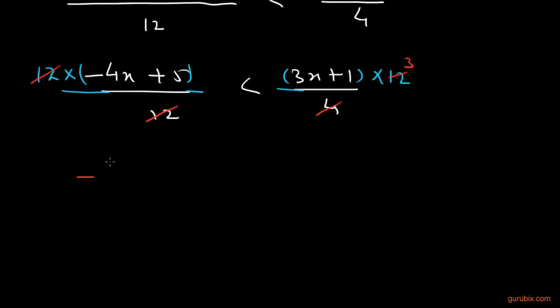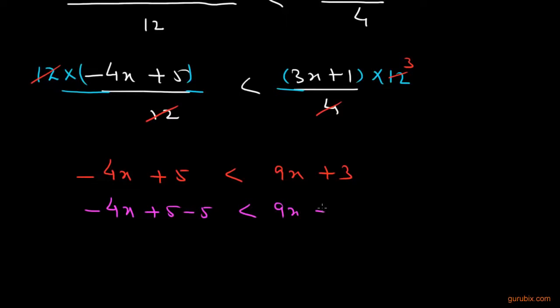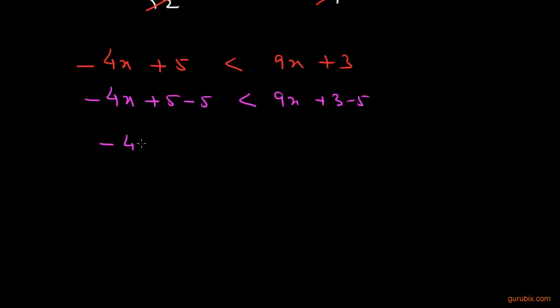Then it will be minus 4x plus 5 less than or equal to 9x plus 3. And we can add or subtract the same number on both the sides. So we can subtract 5 from both sides. So we get minus 4x less than or equal to 9x minus 2.